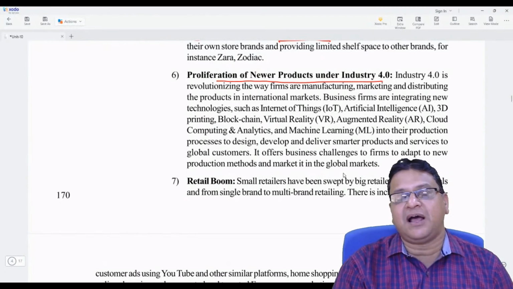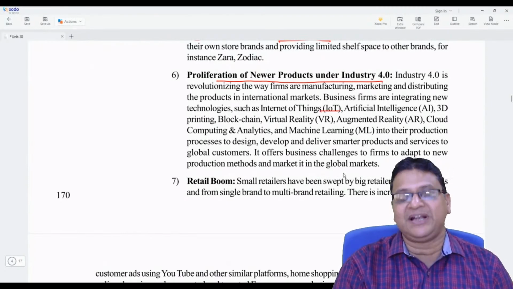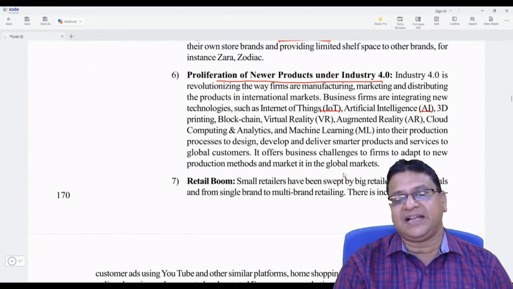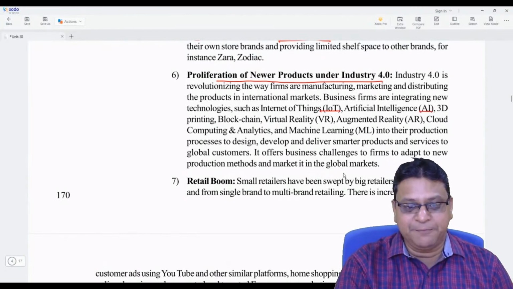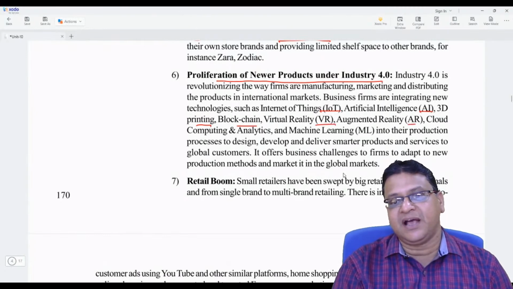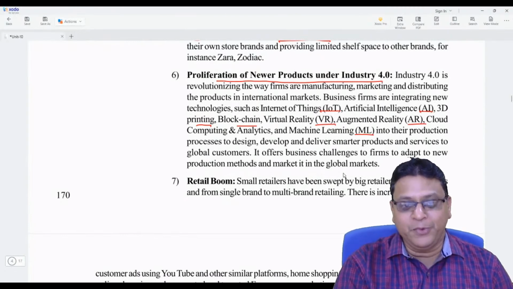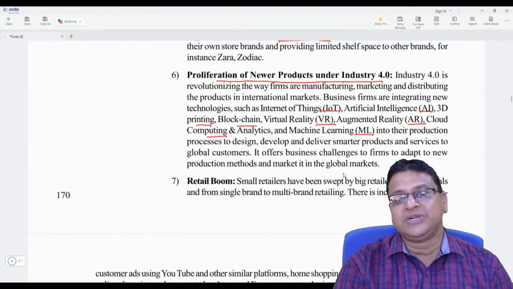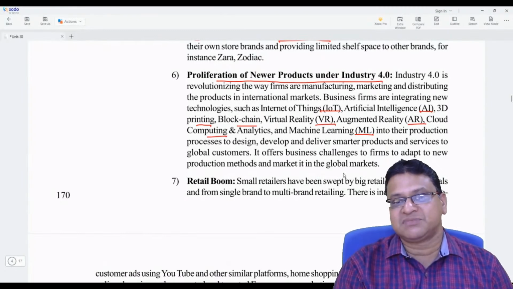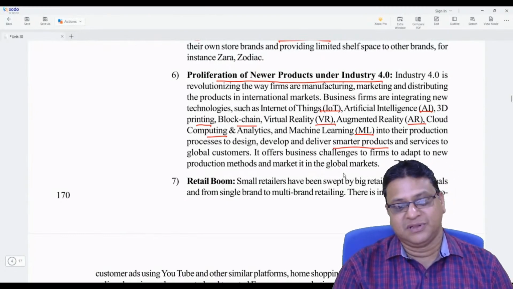Business firms are now integrating new technology like IoT, Internet of Things, AI, artificial intelligence, 3D printing, blockchain, VR, virtual reality, AR, augmented reality, ML, machine learning, cloud computing to design and deliver smarter products to global customers.